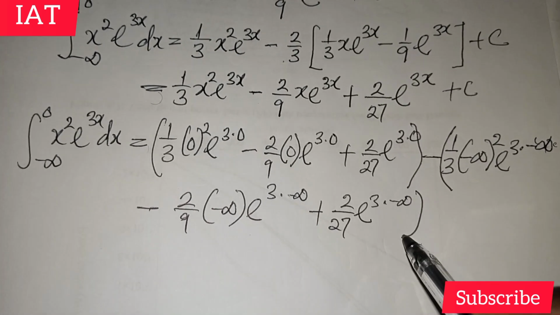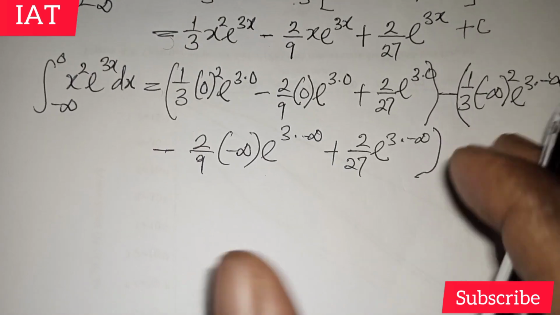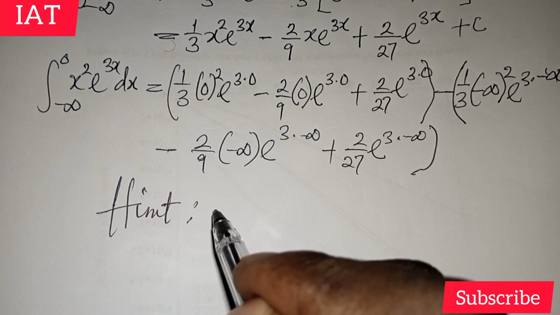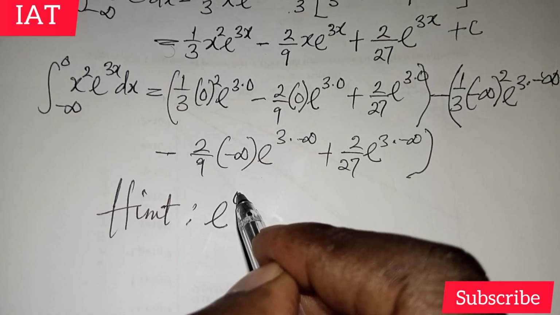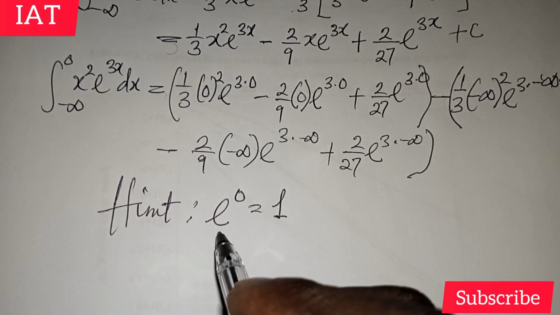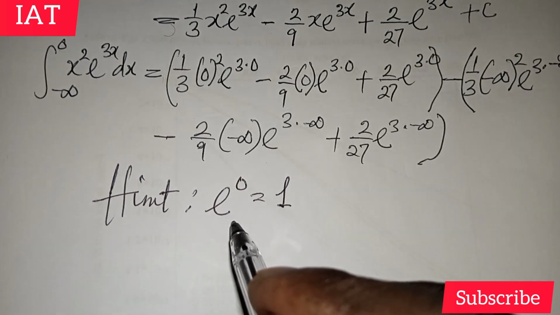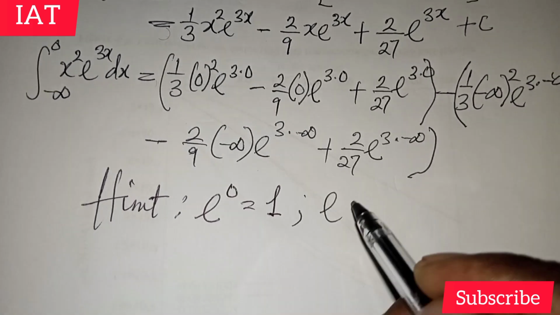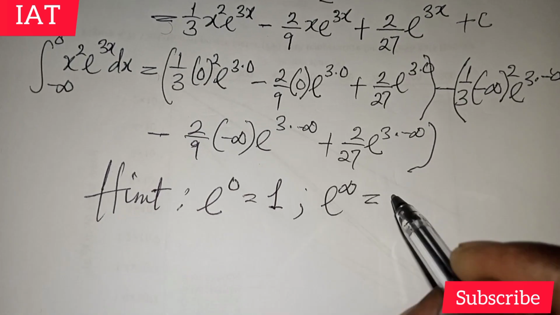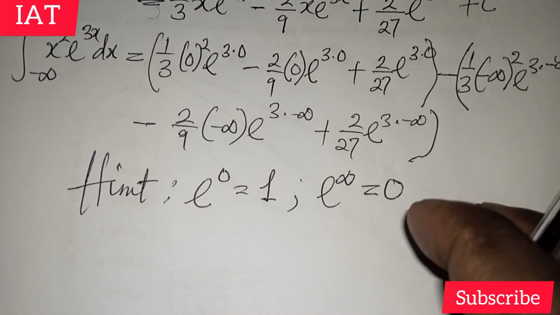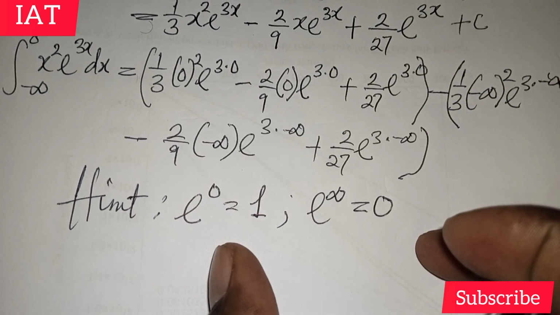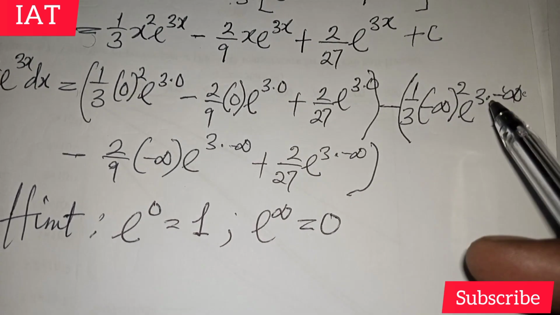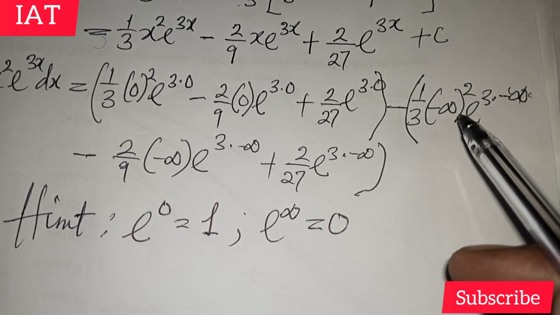So that's all. But then I want you to keep this in mind, that when you have exponential 0, the result will be 1, and you take this from the 0 law of indices. And then also if you have exponential infinity, the result will be 0. So if you keep this in mind, then you notice that on this left part, the whole of this will become 0.